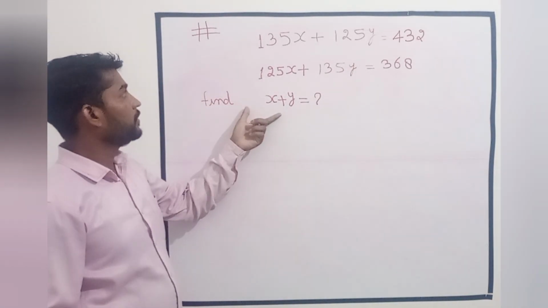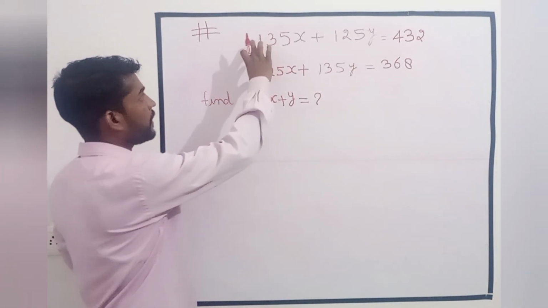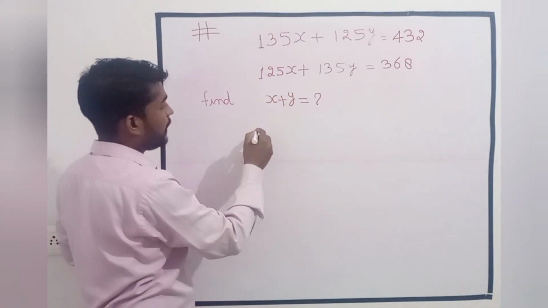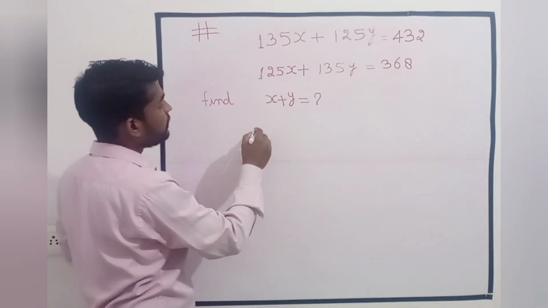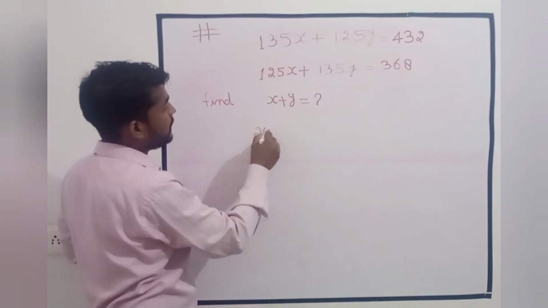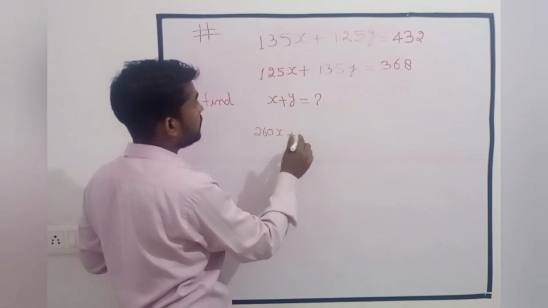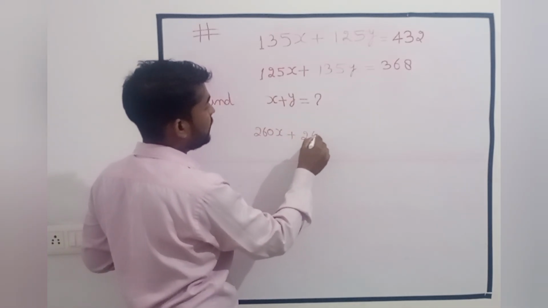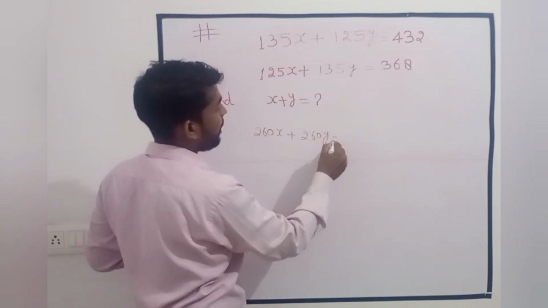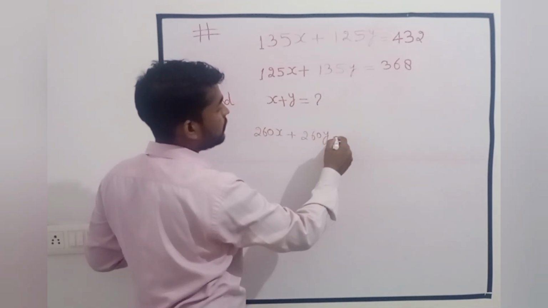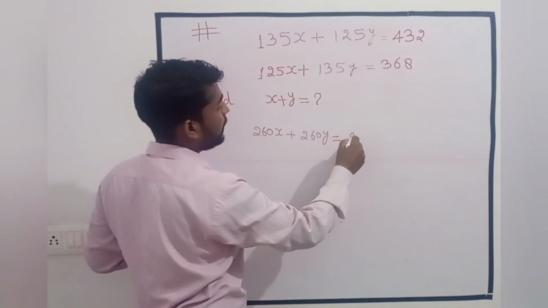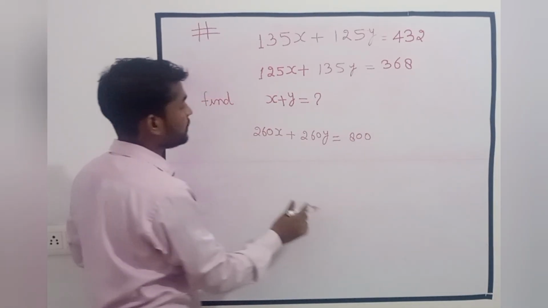And I will now add these equations, and we will add these two equations and then have 260x plus 260y, and add these two integers and we have 800.